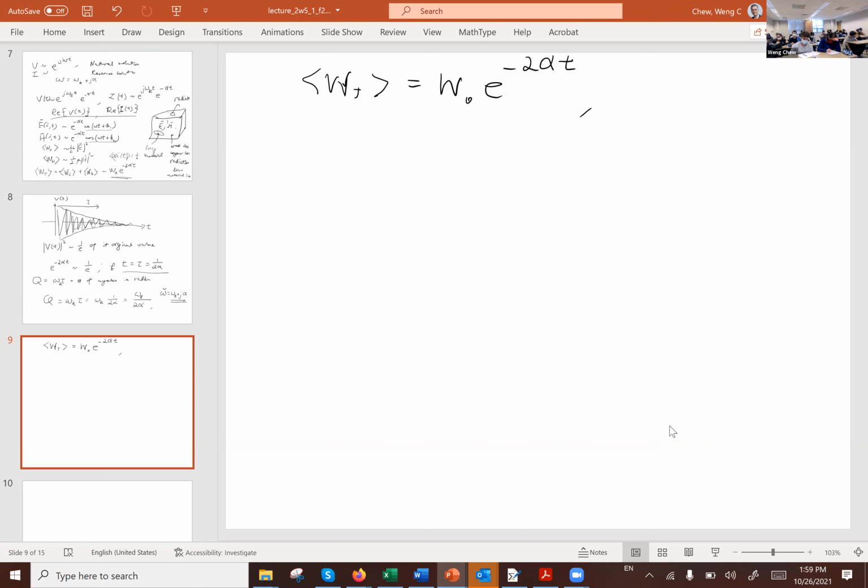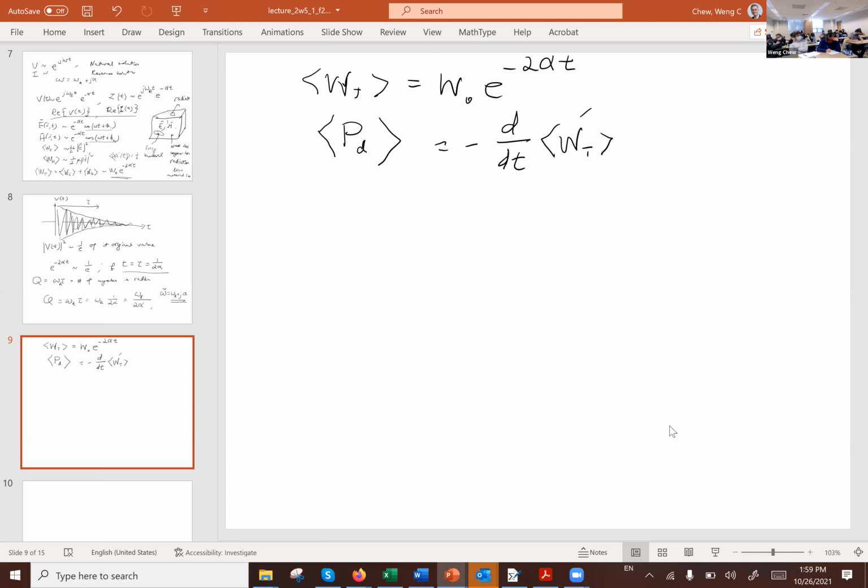And you can argue that if I have dissipation in the cavity, the time average of the dissipation must be equal to the negative rate of change of total energy stored.